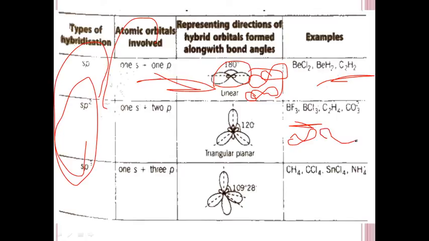Both are p orbitals only. The 3 p orbitals of fluorine and 1 p orbital of boron are going to combine, and after combining, they are going to produce one particular orbital that is trigonal planar in shape. That is why the shape is trigonal planar.